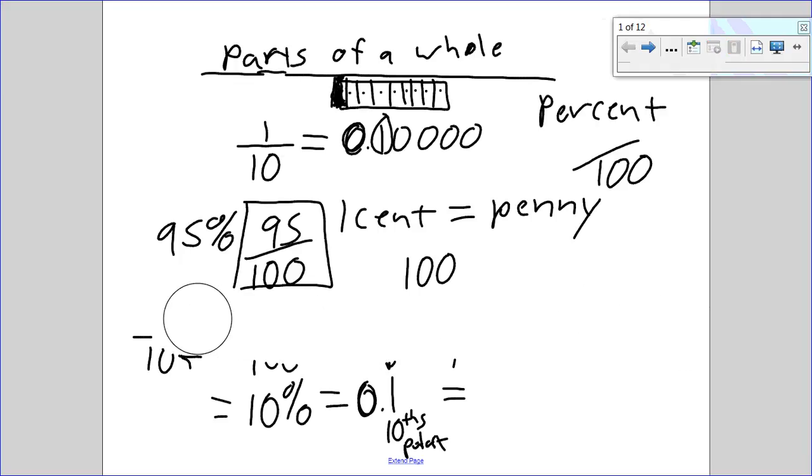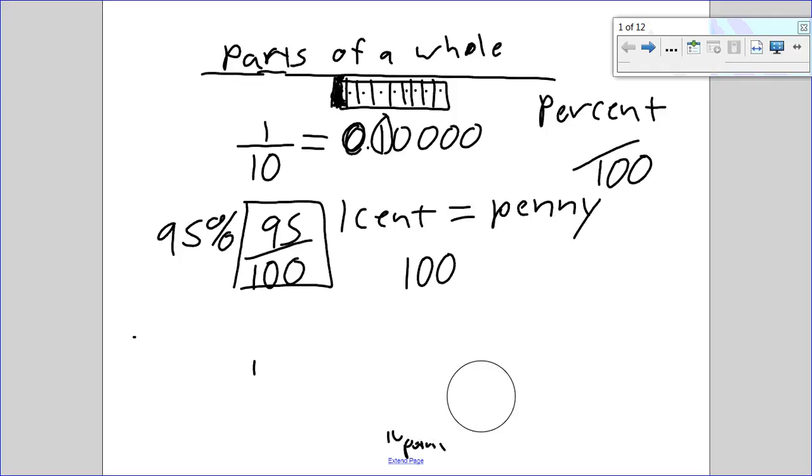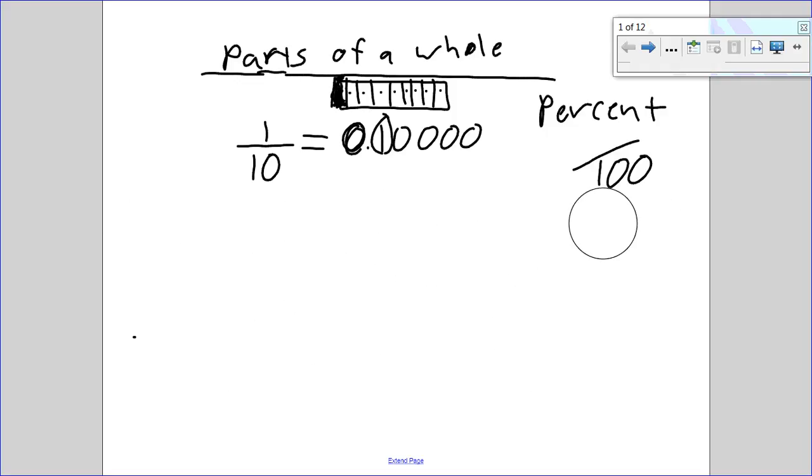So that is percents, and that's anything. Okay, so you can go from fractions to decimals to percents. They all mean the same thing. So 1/10 is the same thing as 0.1.